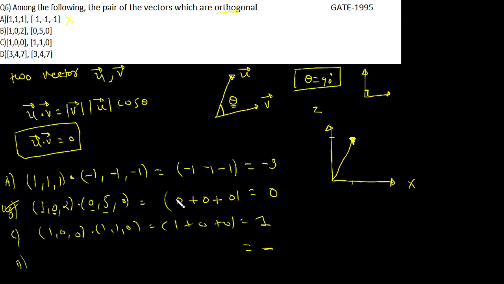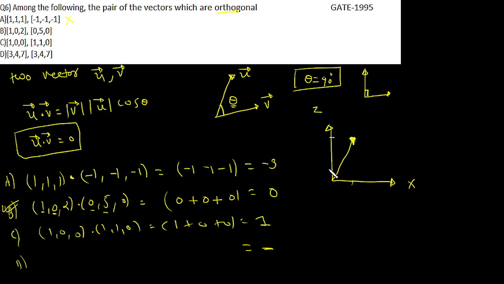Now the second vector will only have the y component. So we have the y axis, which is perpendicular to this screen, and this vector is in the xz plane. Now we know that the y axis is perpendicular to this plane.